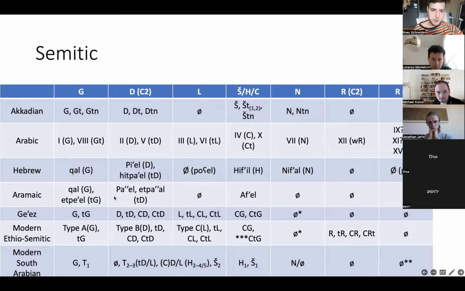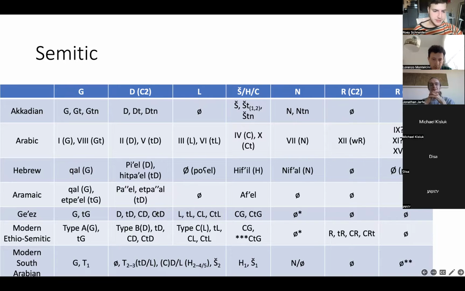In Aramaic, also pretty much the same, pa'el, itpa'al. In Ge'ez, we have the D and the TD, and we won't talk about the other ones yet. So fa'ala and tafa'ala. And in modern Ethio-Semitic, these are referred to as the type B.